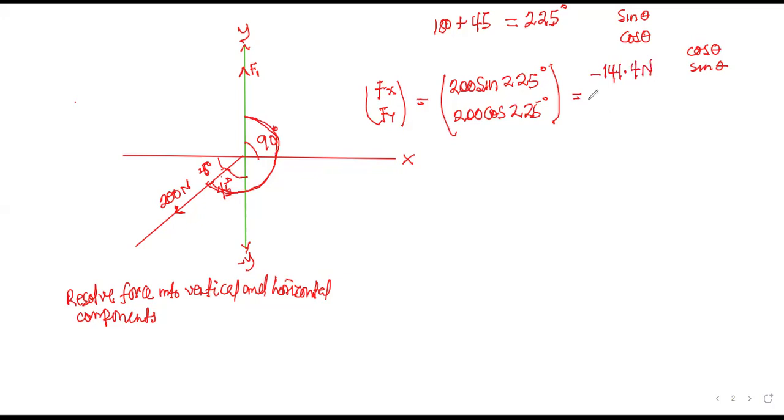What about the 200 cos 225? Say the same thing. Minus 141.4 Newton. So that is method 1.